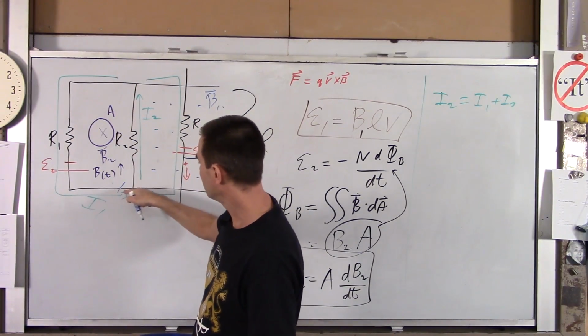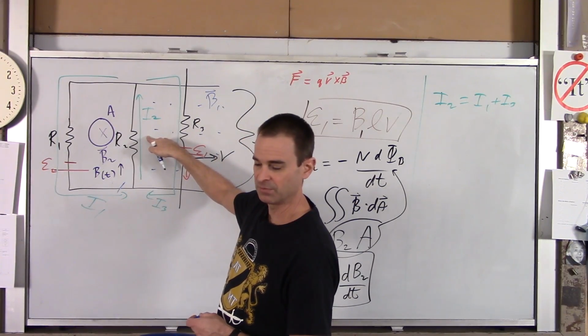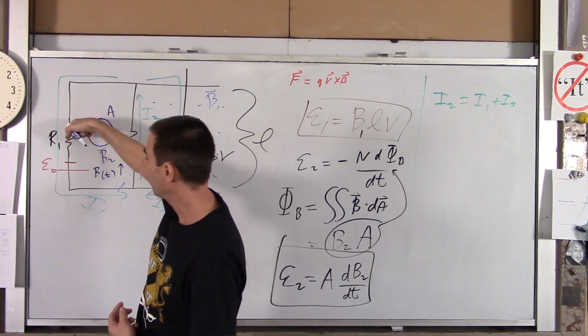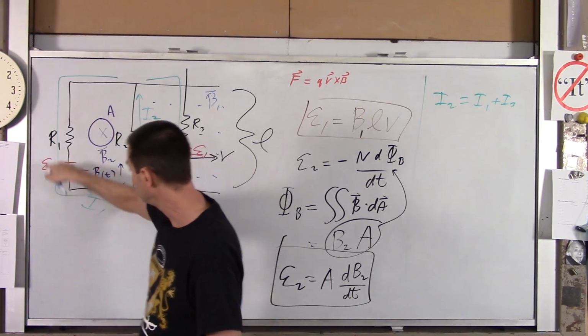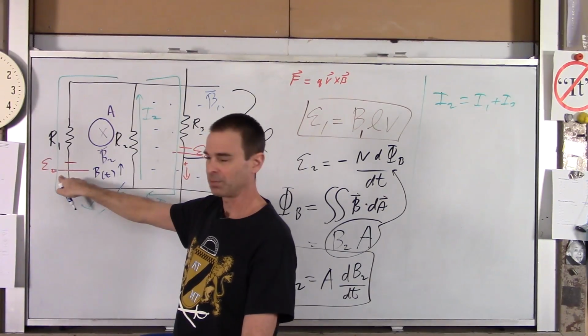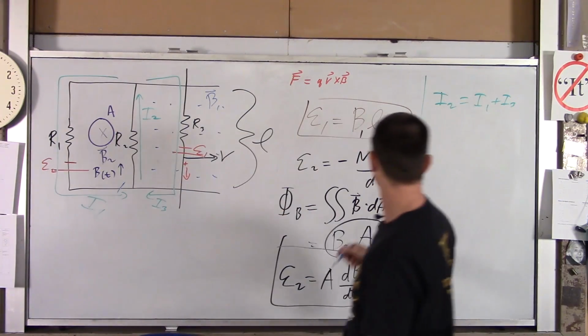So starting there, I'm going with the current through R2, so it's going to be a negative voltage change or a voltage drop. I'm going with I1 through R1, so that's also a voltage drop. It'll be negative in my equation. And then I'm going with the battery from the negative to the positive terminal, from the low to the high voltage. It'll be a positive voltage. So what would you write?